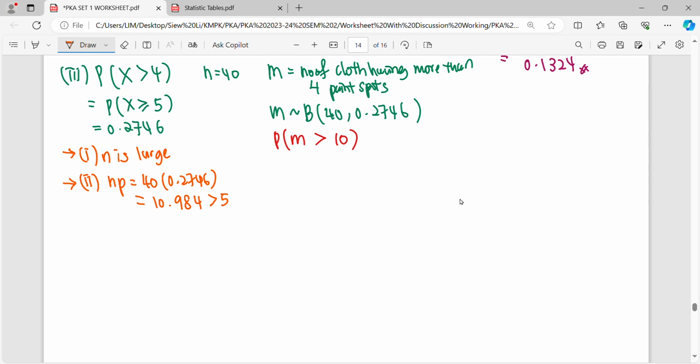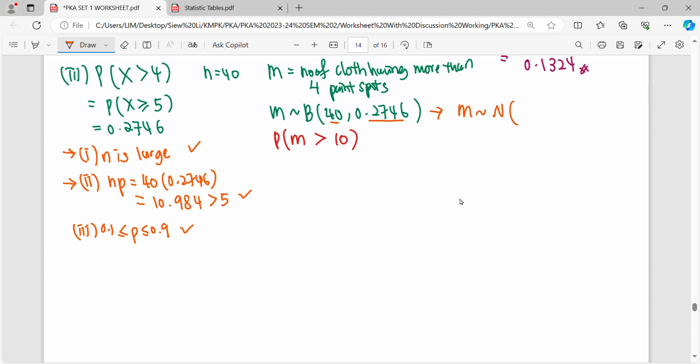So this one is already fulfilled. n is large, 40. np is more than that. Then situation number 3, is the probability in between 0.1 and 0.9? Yes. So all of these 3 conditions are fulfilled, which means the binomial distribution needs to be approximated to normal distribution.